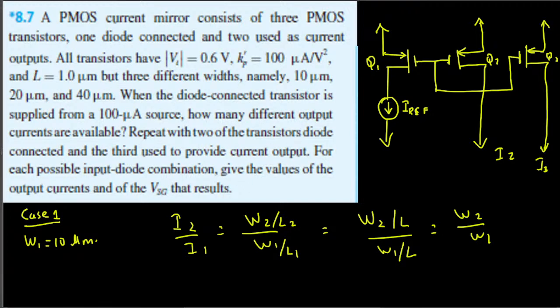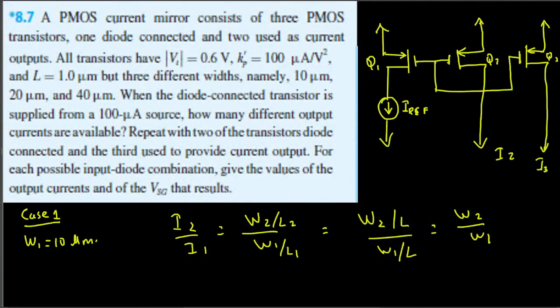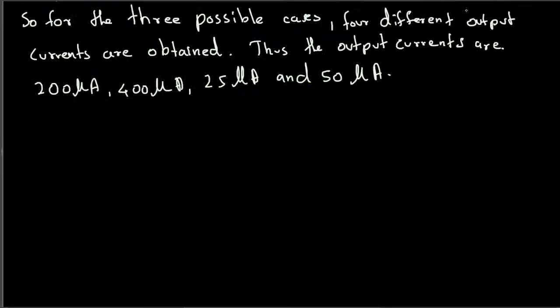And for each possible input diode combination, give the values of the output currents and VSG that result. So here we have to do it for 2 diode connected and 1 acting as a current output, which means now the width is going to be a little bit different.